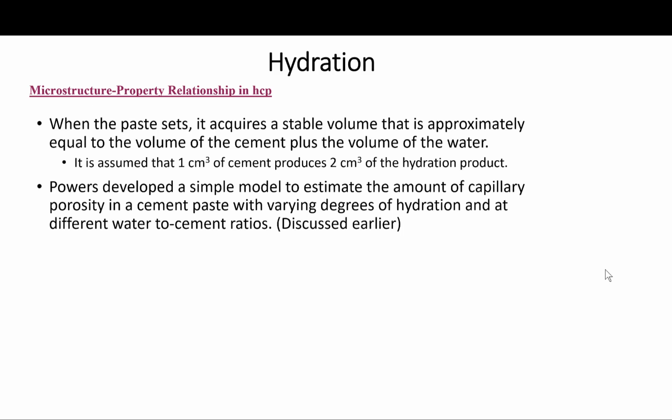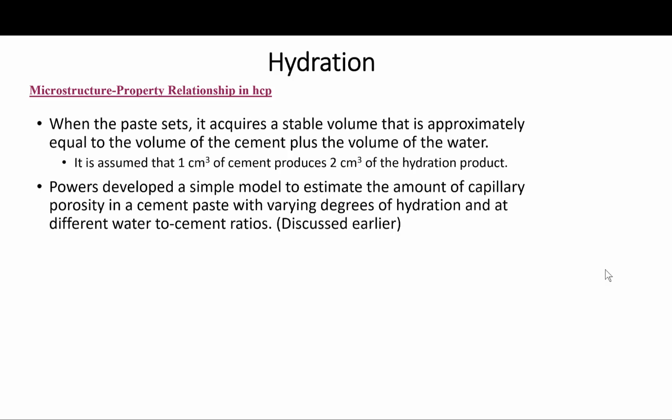So when the paste sets, it acquires a stable volume that is approximately equal to the volume of the cement plus the volume of water, assuming that 1 cubic centimeter of cement produces 2 cubic centimeters of hydration products.